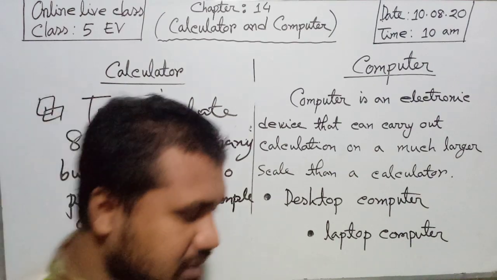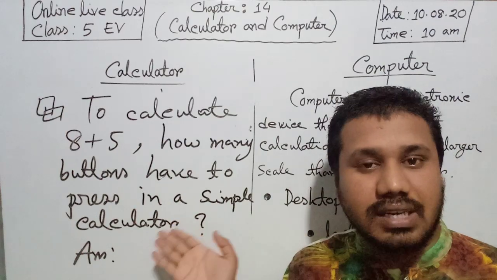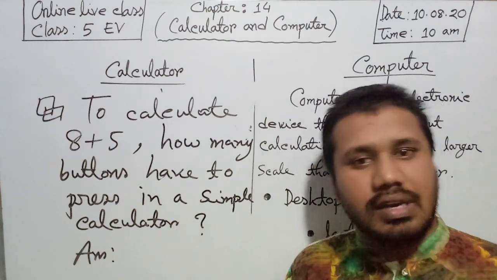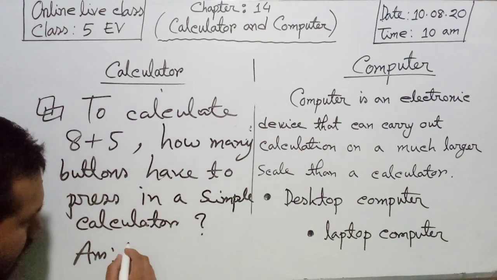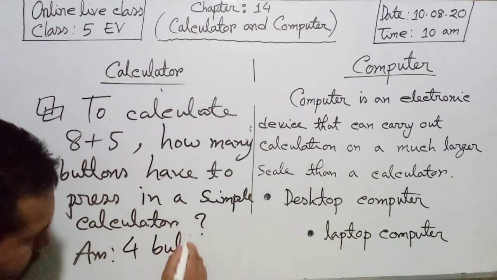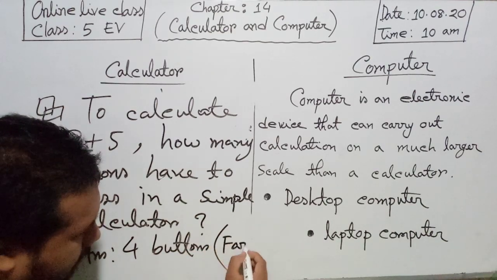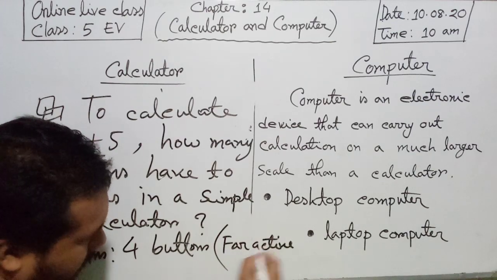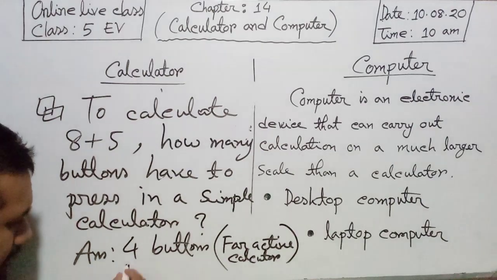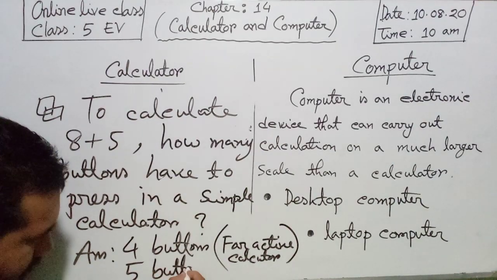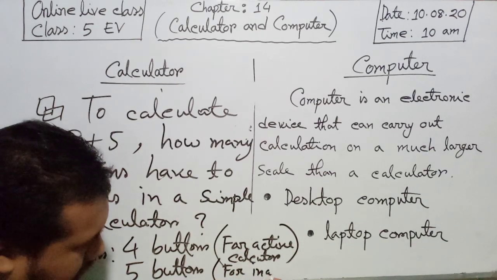So we can say there will be 2 types of answer, because in the question there is no mention whether this is an active calculator or inactive calculator. So our answer will be 4 buttons for an active calculator, and 5 buttons for an inactive calculator.